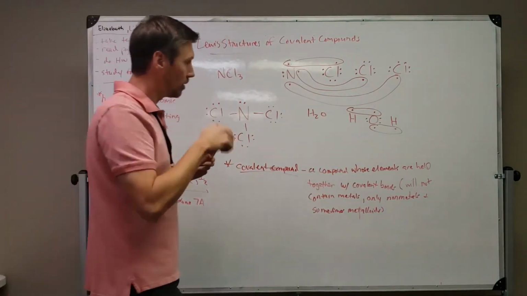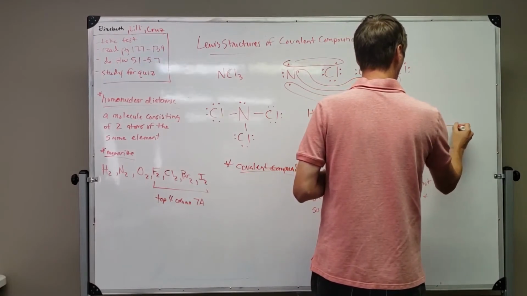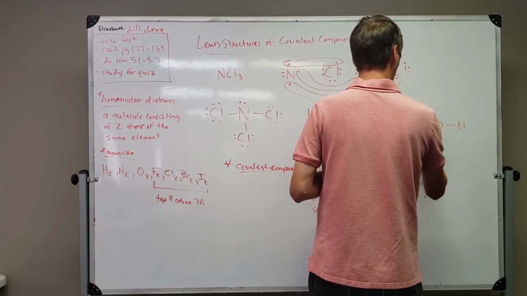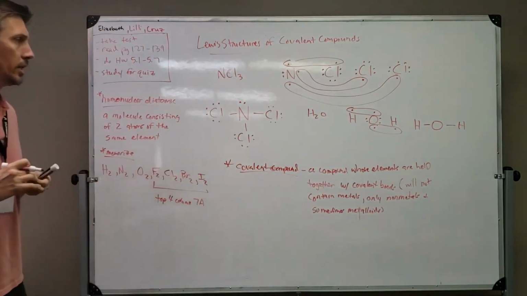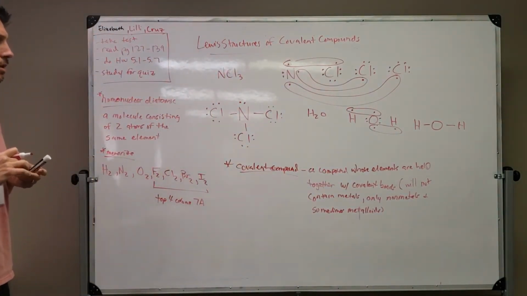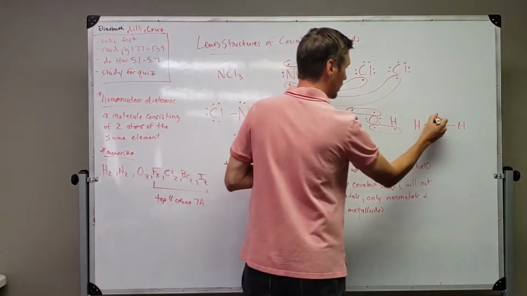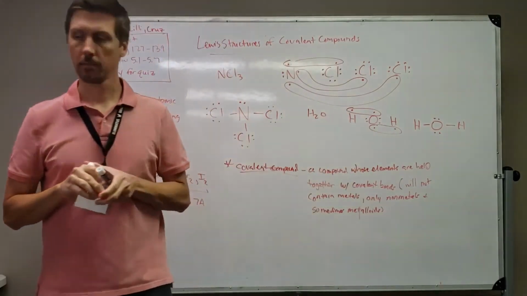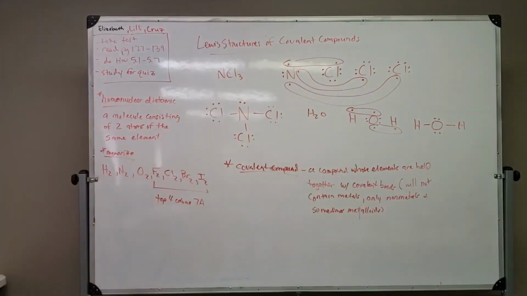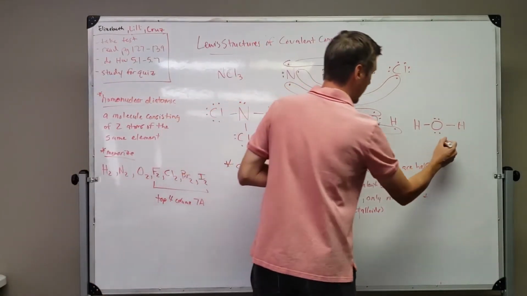And so the final Lewis structure looks like a single bond between the O and the H's. And then we've got to account for the non-shared electrons, so we're going to put dots there. Notice in the book, again, the orientation of this doesn't matter.